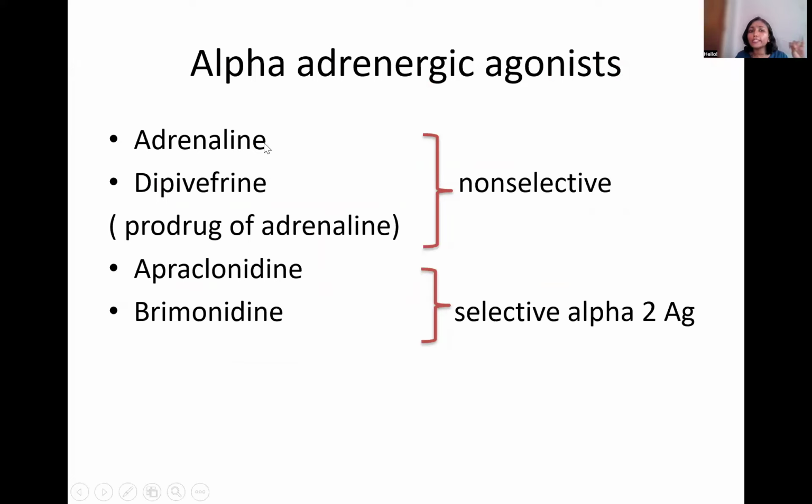Now, coming to the alpha adrenergic agonists, we use mainly four drugs here. We can use adrenaline, dipivefrin, which is a prodrug of adrenaline, then apraclonidine and brimonidine. Adrenaline and dipivefrin are non-selective, but apraclonidine and brimonidine are selective alpha-2 agonists.